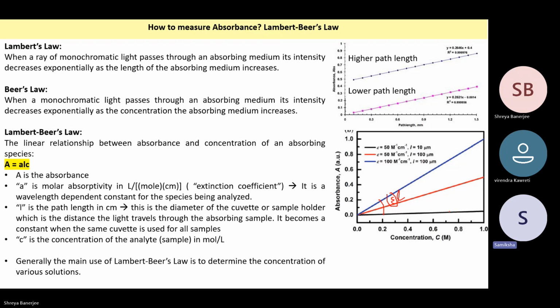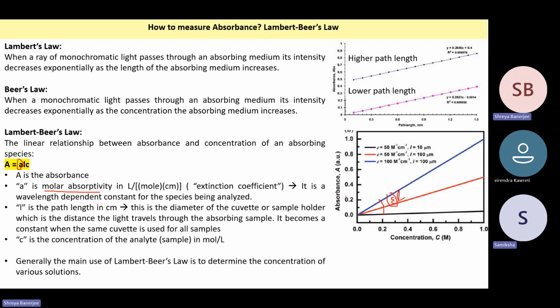What is this epsilon? Epsilon is this A, which is the molar absorptivity. Every compound has a specific value of molar absorptivity, but how can we calculate that? It is by plotting absorbance versus concentration. But how will we calculate the absorbance, by OD measurement only in this case?